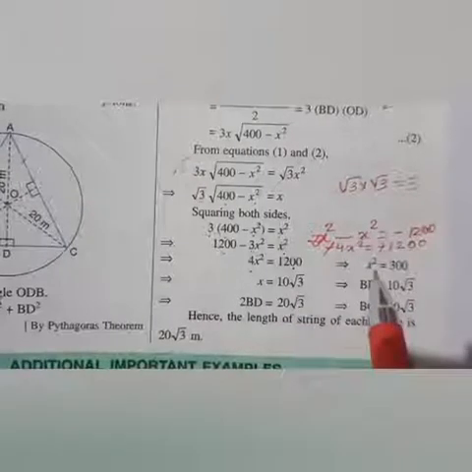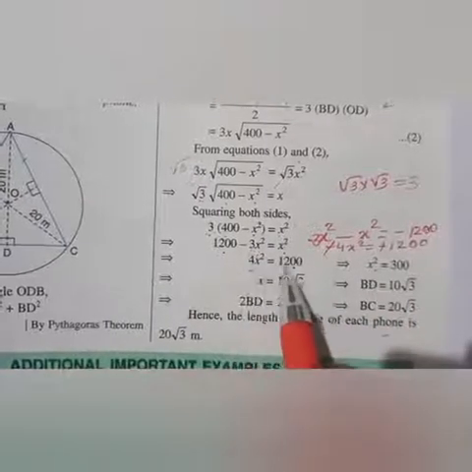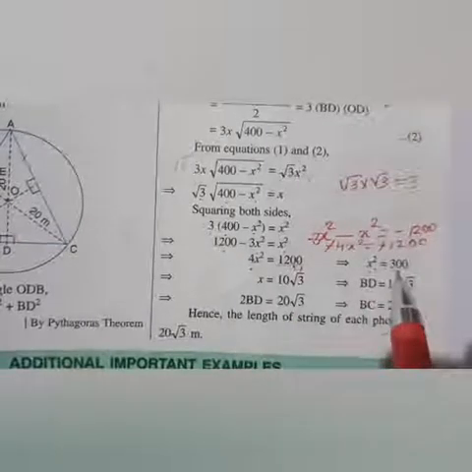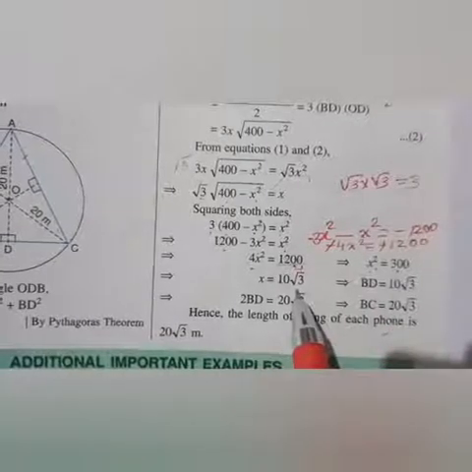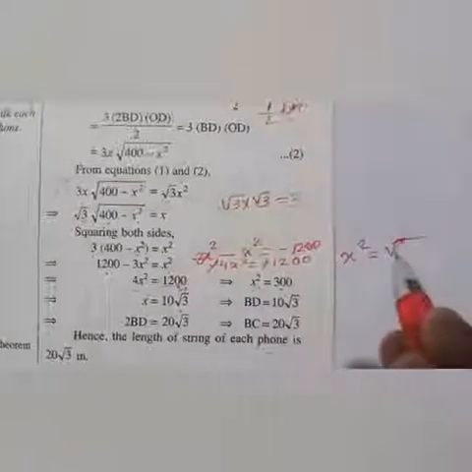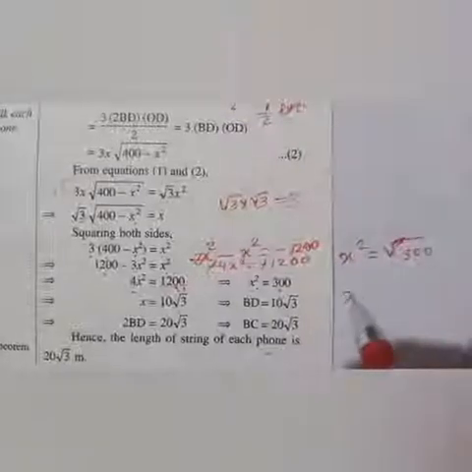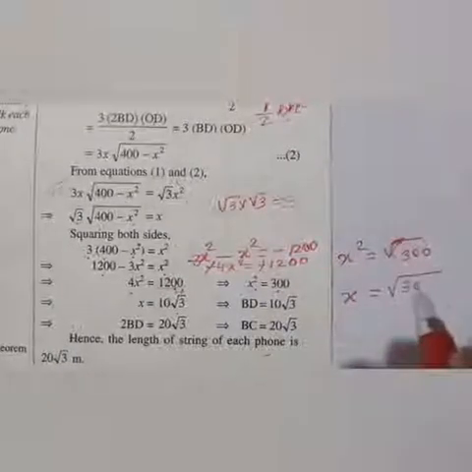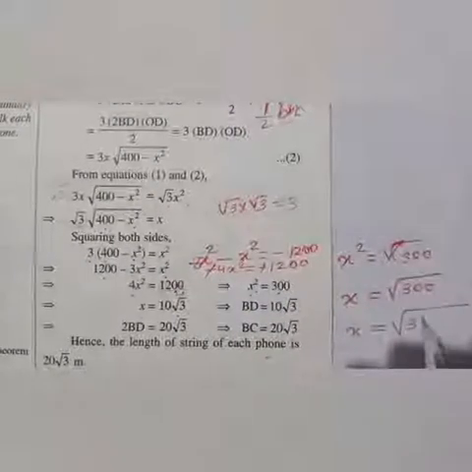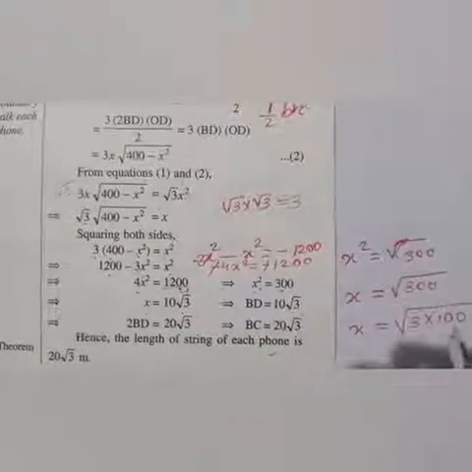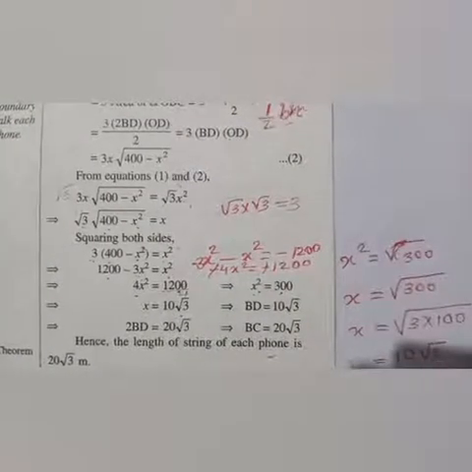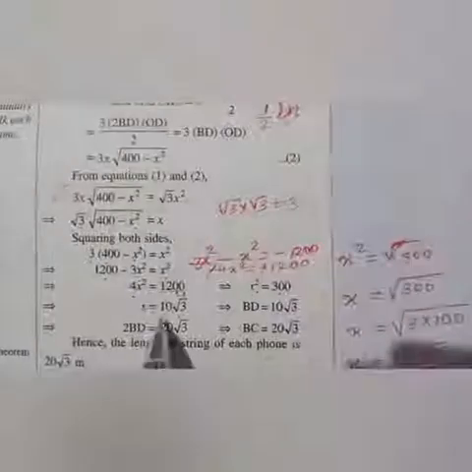After dividing by 4 we get x square equal to 300 and x equal to root 300. Root 300 means x equal to root of 3 into 100. Now root of 100 is 10 and root of 3 is root 3. So we get x equal to 10 root 3.